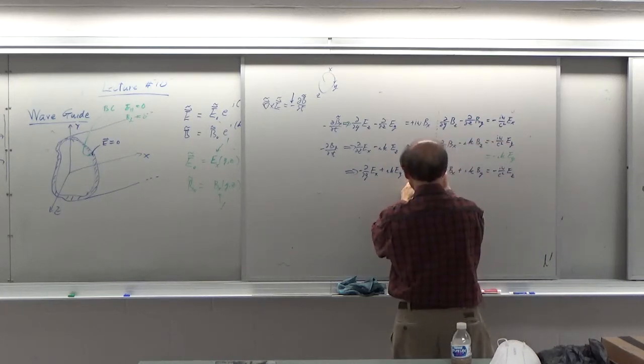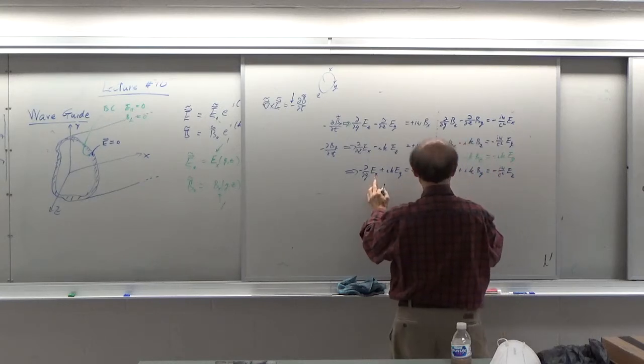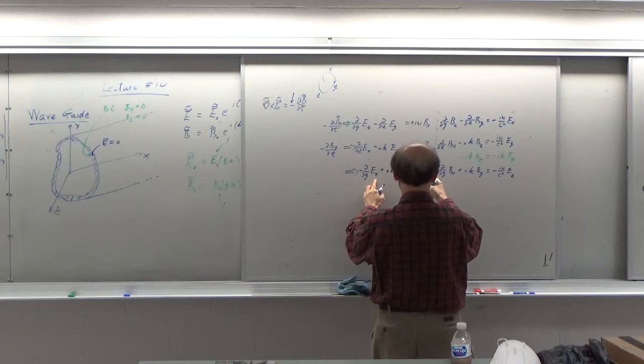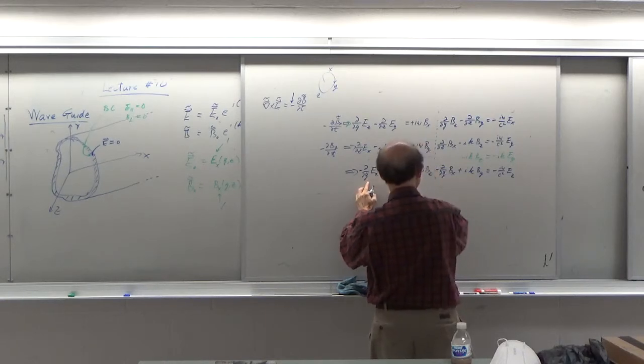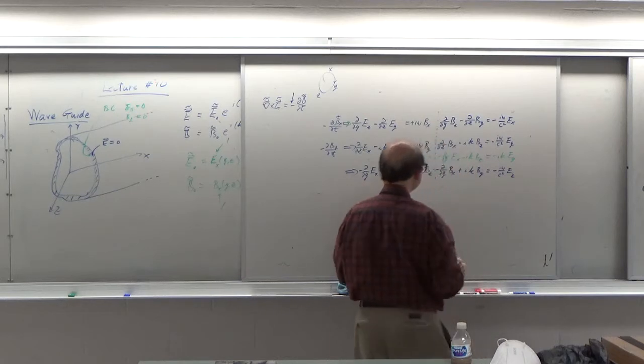And this goes to the other side, becomes minus i k b z. And this one stays on this side. So minus del by del y, e x.